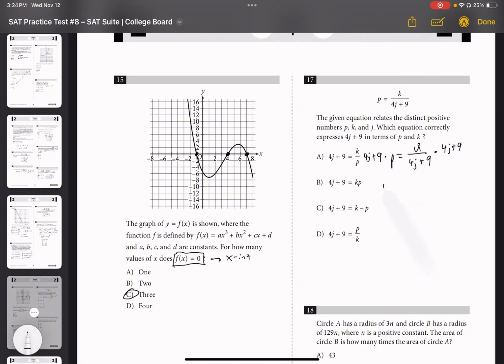And we're going to get (4j plus 9) times p is equal to k. And what are we trying to isolate? We're trying to isolate 4j plus 9. So we're going to divide by p now. And if we look at our answer choices, this is going to be answer choice A.